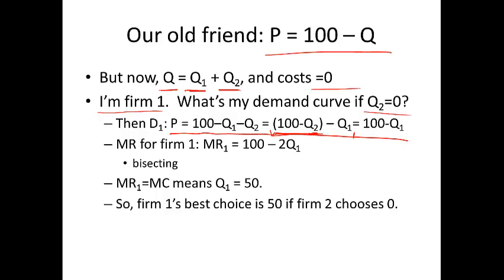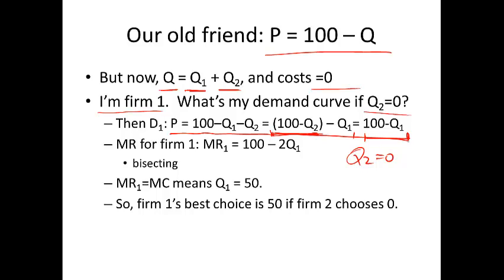In other words, the amount the other firm produces reduces the intercept of my demand curve by Q2. This intercept minus Q1 then is the demand curve. Because so far Q2 is being set equal to 0, this ends up just being 100 minus Q1.